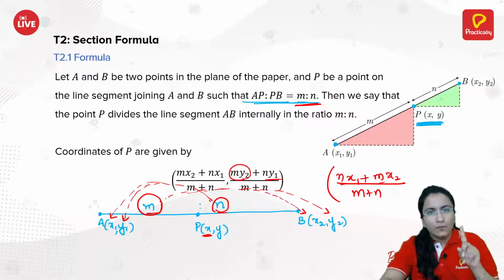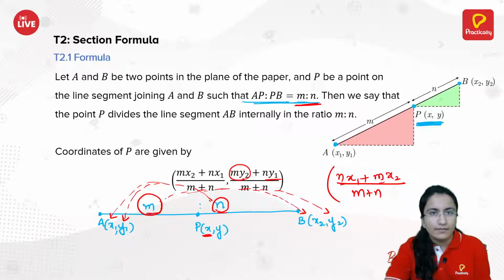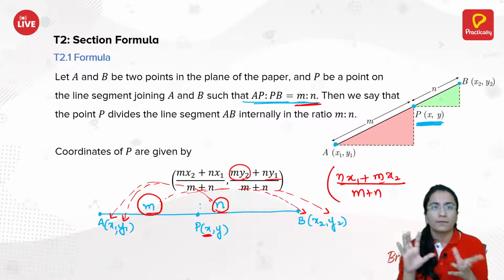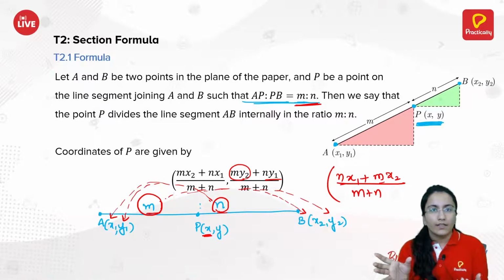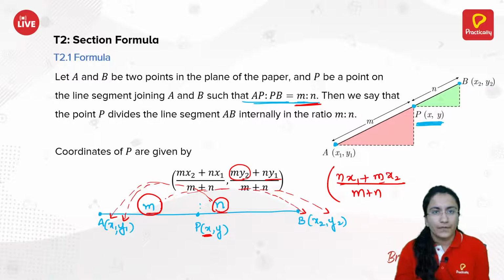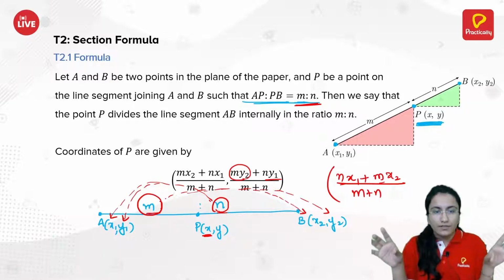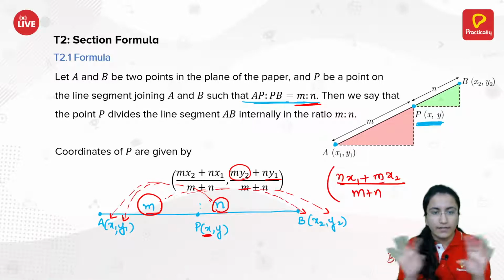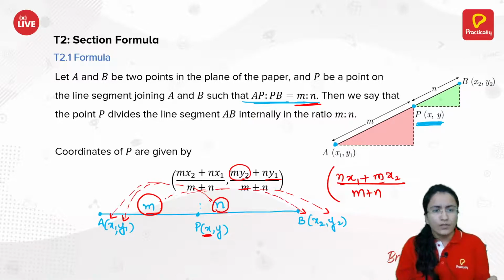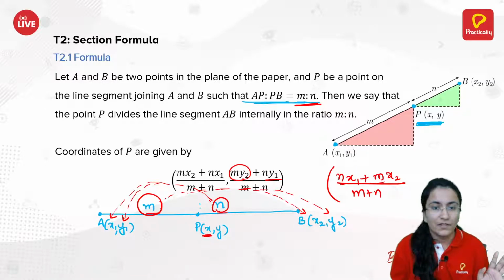Like the first formula was the distance formula, which was quite easy to remember: difference of abscissa, square it, plus difference of ordinates, square it, take the square root of the complete thing. So that was the distance formula. That was quite easy to remember. Now the section formula is also easy to remember. What you need to do is just draw it pictorially, just write all the points pictorially. You need not even mention what m is, what n is, because this time it is an MCQ exam.